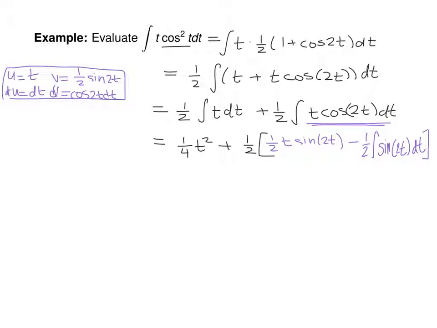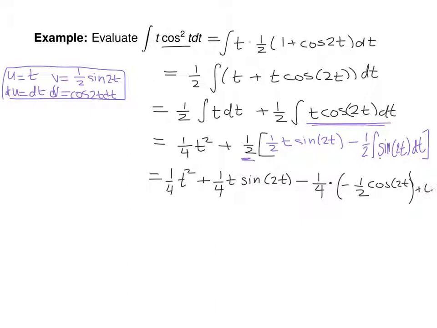There we go. I'm going to distribute that 1/2 through this 1/2. So that gives us 1/4 t squared plus 1/4 t sine of 2t minus 1/4 times, now the antiderivative of sine will be negative cosine, so cosine of 2t, and then 1/2, plus c.